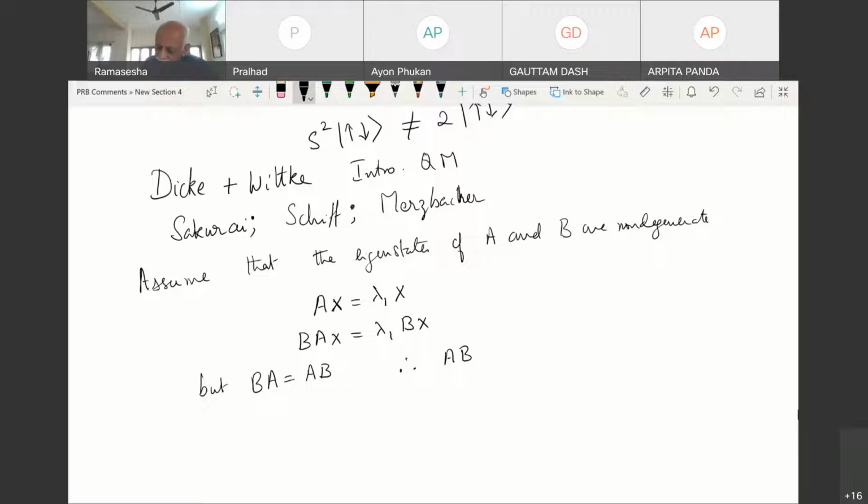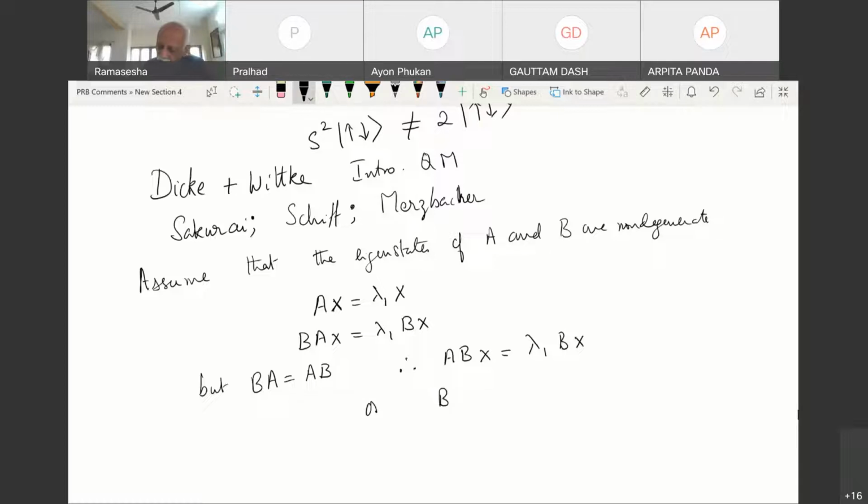So I just substitute AB on the left hand side, and so A times Bx is equal to lambda 1 times Bx.